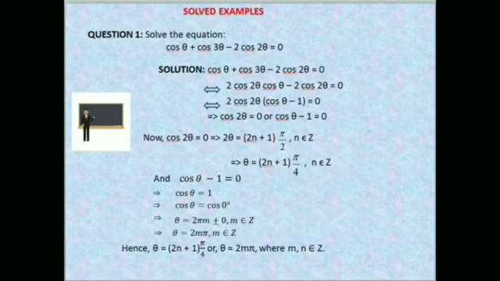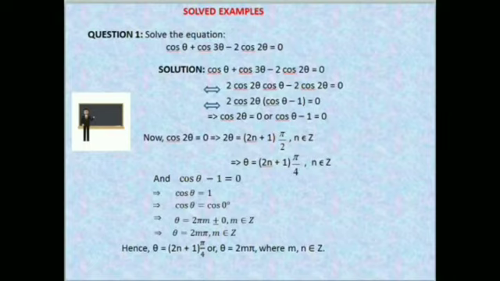So it is coming out to be 2 cos 2 theta into cos theta minus 2 cos 2 theta is equal to 0. On taking common, we are getting two equations. One is cos 2 theta is 0. So 2 theta is an odd multiple of pi by 2. That means theta is (2n plus 1) into pi by 4.